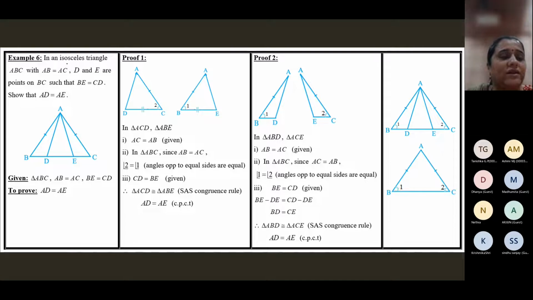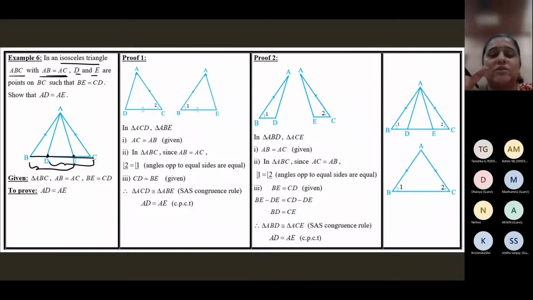Okay. So in an isosceles triangle ABC with AB equal to AC, D and E are points on BC such that BE is equal to CD.